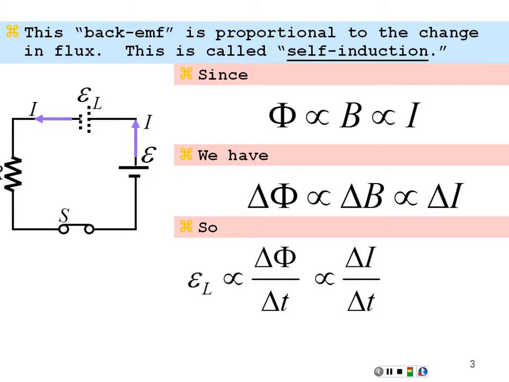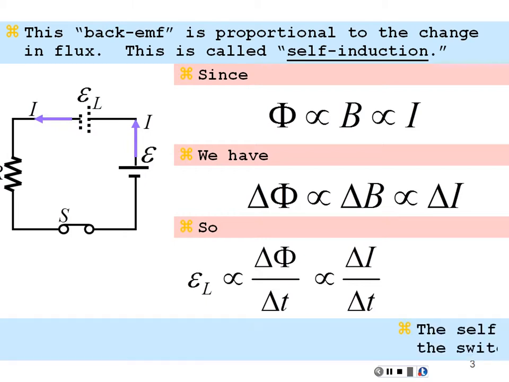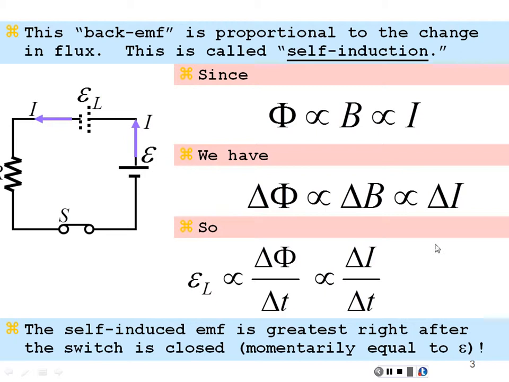When we first close a switch, it momentarily is still 0 current at that moment. So the self EMF is greatest right after the switch is closed, momentarily actually equal to the voltage of the battery.